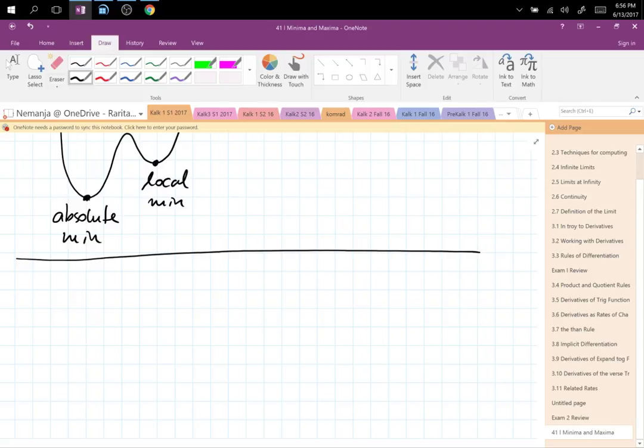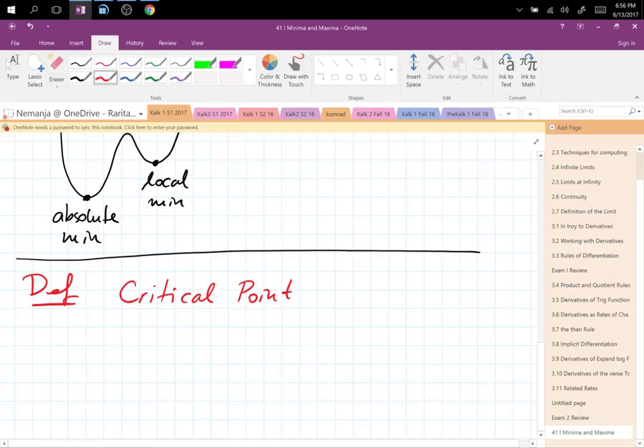Okay, so definition. We start with the definition for a critical point, which is x comma y.